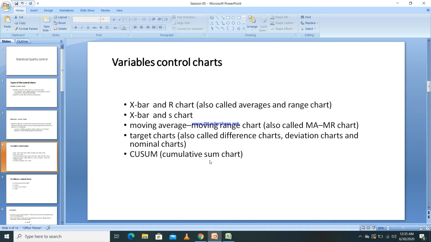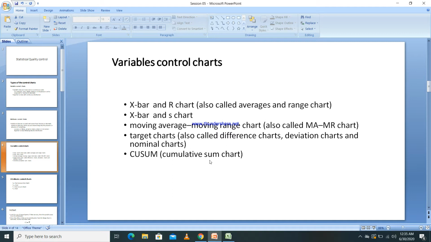Now, why I have mentioned these two charts together is that when we are doing the analysis, if you are using the R chart, you have to use it together with the X bar chart. In some analyses, if you are using the S chart, again you use it along with the X bar chart. So you have to use both charts in your analysis. That's why I have listed them as one point.